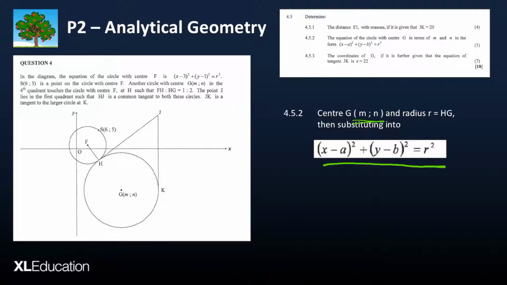Remember, m in this case is your a, n is your b, then your radius HG is the one that we have calculated previously. So it's a matter of substituting, and that's it, you get your 1 mark.